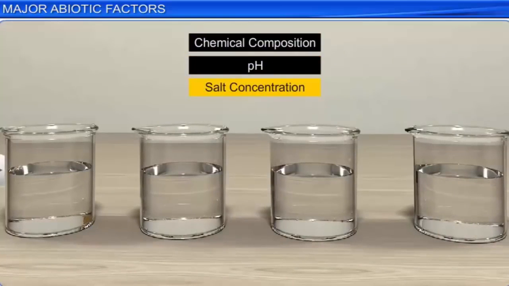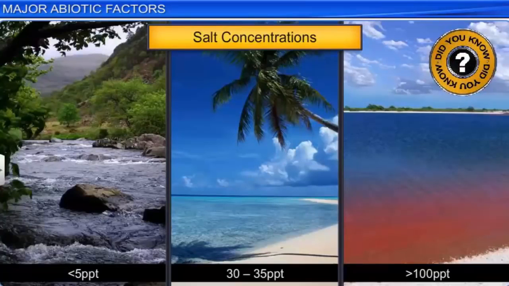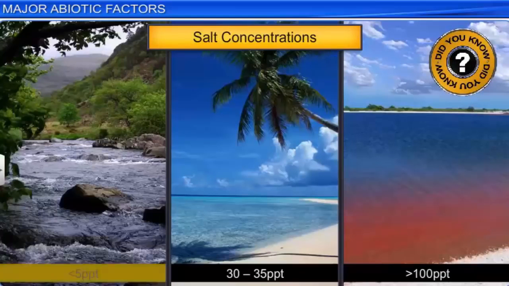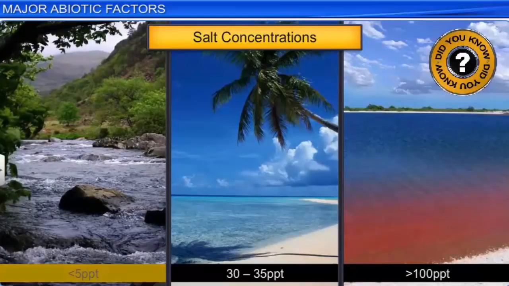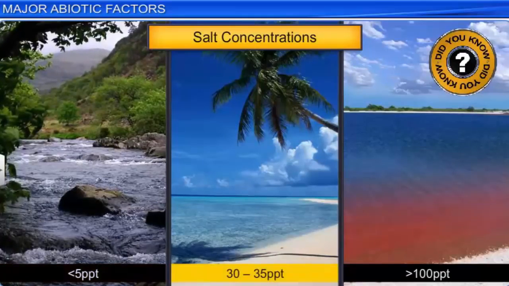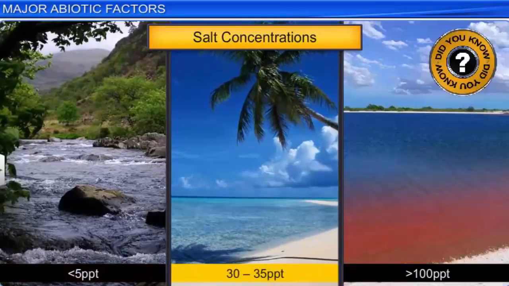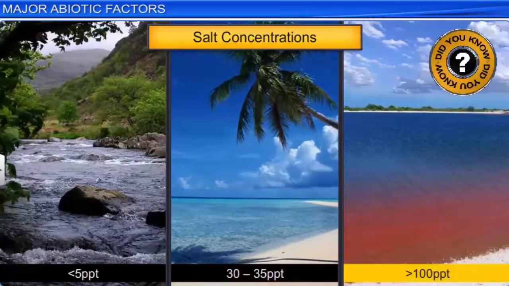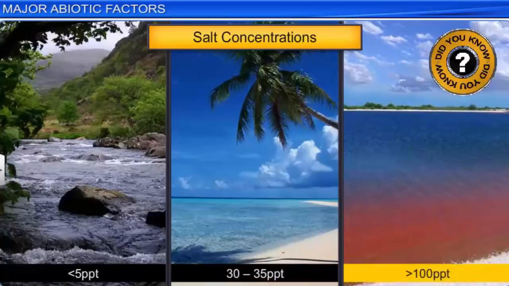The concentration of salt is measured as salinity in parts per thousand, or ppt, which has a significant influence on the life of aquatic organisms. Did you know that the concentration of salt in inland water is less than 5 ppt? In seawater, it is 30 to 35 ppt, while in hypersaline lagoons, it is more than 100 ppt.